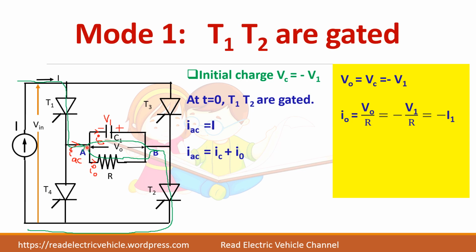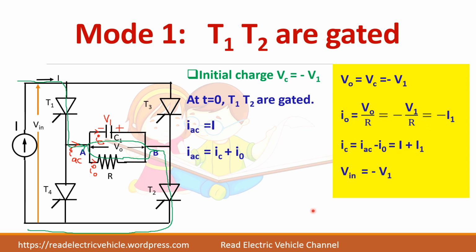That is KCL: apply KCL at node A, and you will get IAC is equal to IC plus I0. Now we will find what is IC. From this equation you find IC, and substituting the IAC and I0 values, you will get this one.